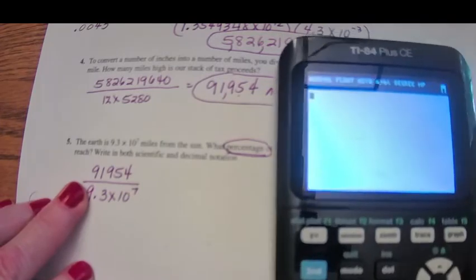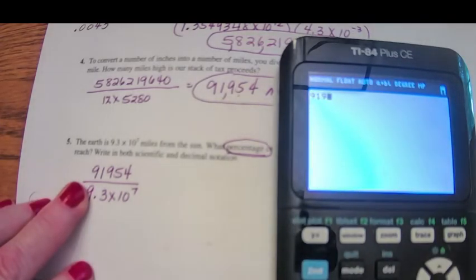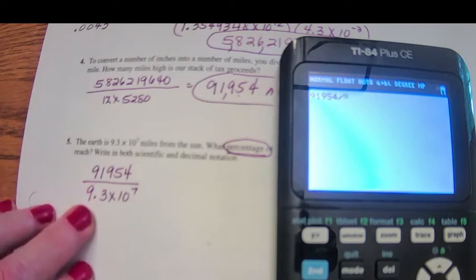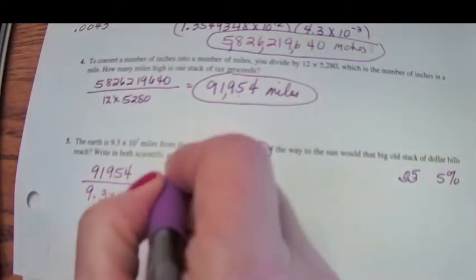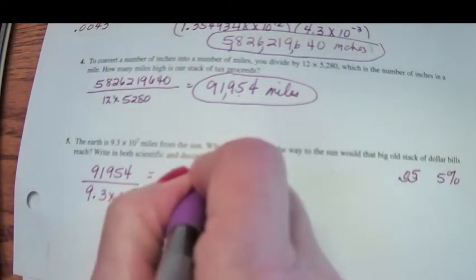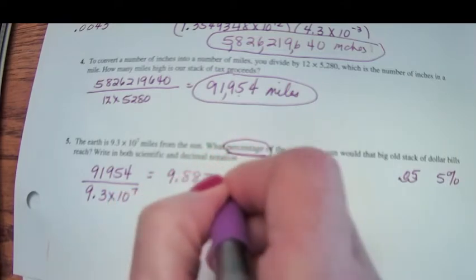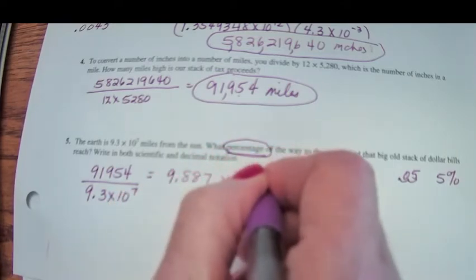So in my calculator, I'm going to have 91954 divided by, and in my denominator I have 9.3 times 10 to the 7th. And I get 9.8875 times 10 to the negative 4. Let me go ahead and write that down. 9.887 times 10 to the negative 4.